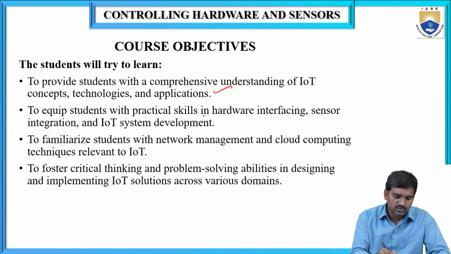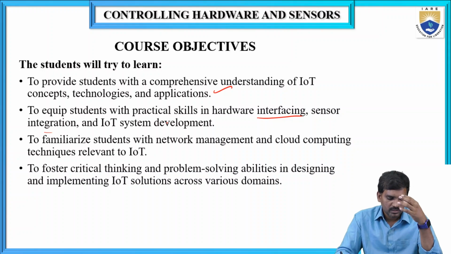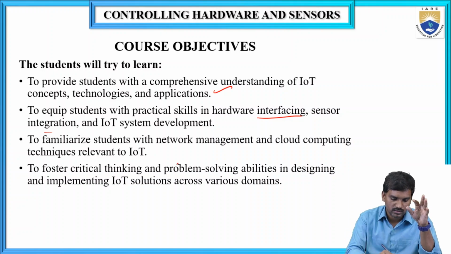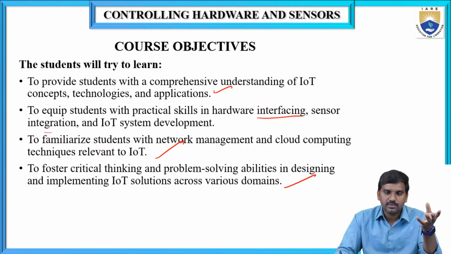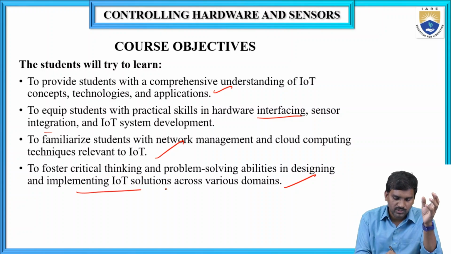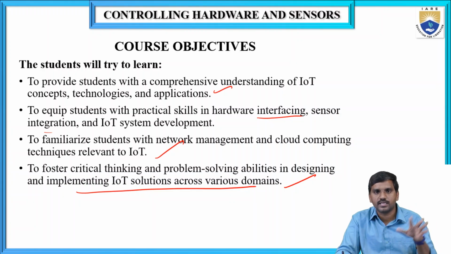Students are equipped with practical skills in hardware interfacing, sensor integration and IoT system development, and are familiarized with network management and cloud computing techniques relevant to IoT. We reach the higher level of Bloom's taxonomy, creating critical thinking and problem solving abilities in designing and implementing IoT solutions across various domains. So these are the course objectives.